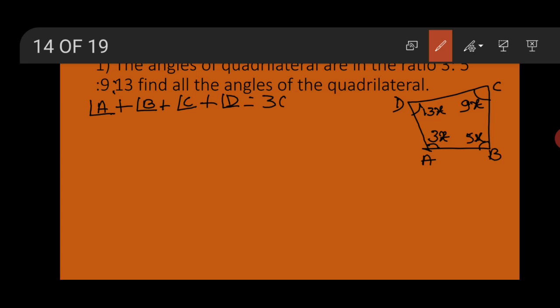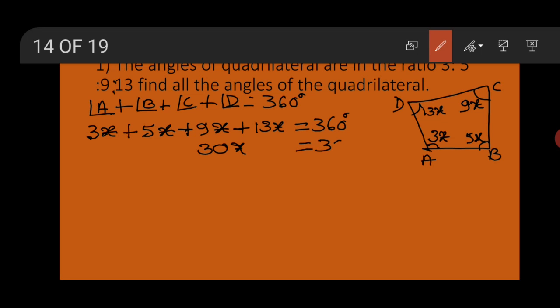So substitute the values of each angle. Angle A is 3x plus angle B is 5x plus angle C is 9x plus angle D is 13x is equal to 360 degrees. Now the sum of these is 30x is equal to 360 degrees.